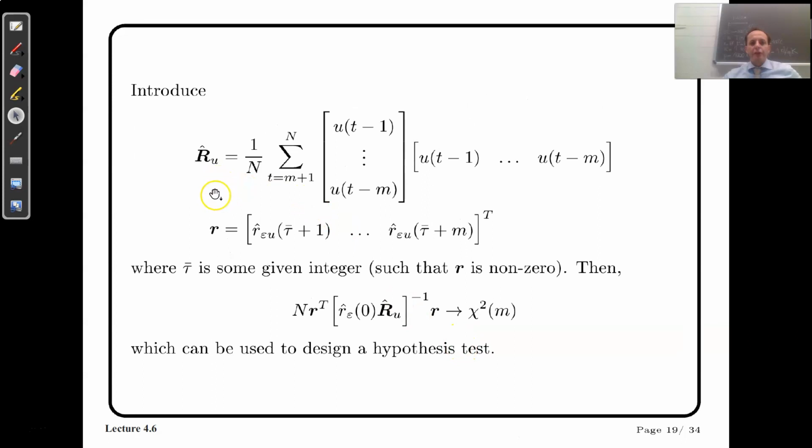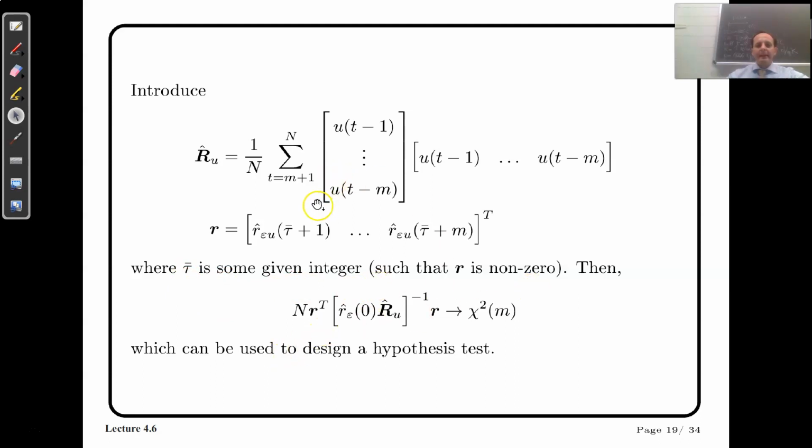Then you introduce this matrix capital R estimated of u, which is 1 divided by n times the summation of these vectors, and the small r is a vector containing the values of the cross-correlation for tau bar plus 1 up to tau bar plus m, where tau bar is some given integer.